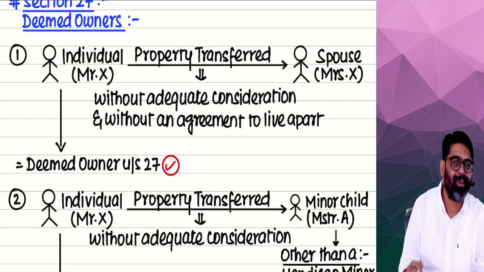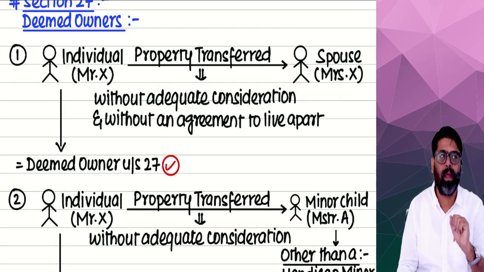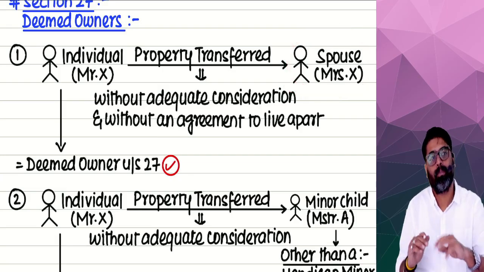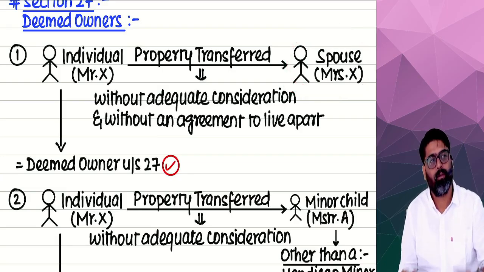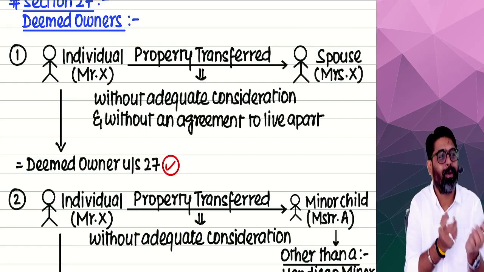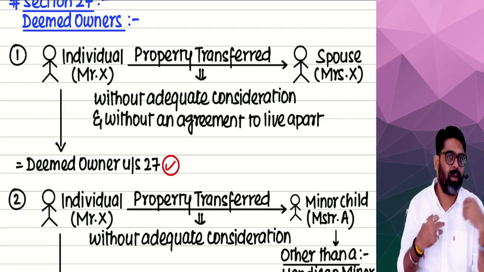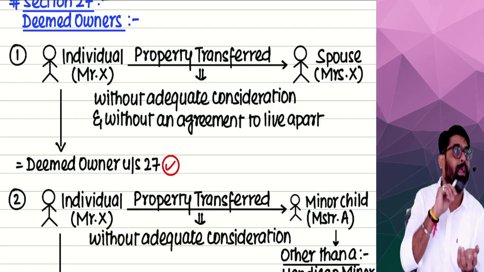At my home only. See, earlier when I used to transfer that property on the name of my spouse, did the property leave me? It was still with me because me and my wife are staying together. So the property is still in my control. Earlier, the property was in my control, but it was on my name.